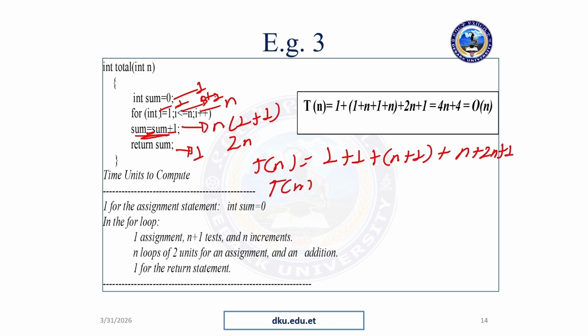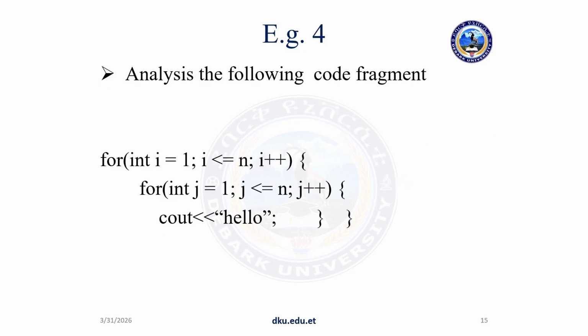So T of n equals 1 plus 1, 2, plus 1, 3, plus 1, 4, then n plus n plus 2n, which is 4n. 4n plus 1, I mean 4n plus 4, is the time complexity for this code. So we can simply do it just like this.